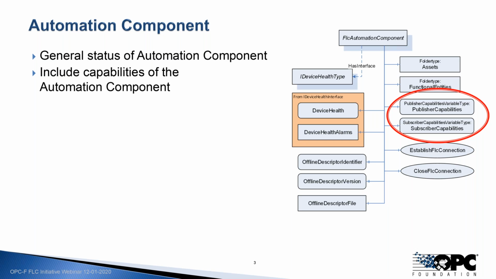So this would be how fast it could publish data, maybe the QoS or the quality of service information that it's capable of supporting. So can it support TSN? Can it support different QoS settings? How fast it can receive data if it's receiving data. And this is the general range of what the device is capable of.